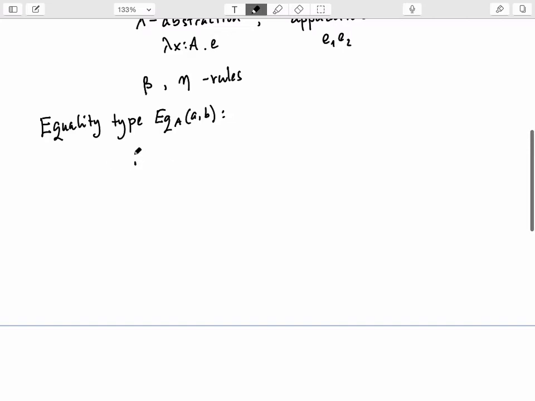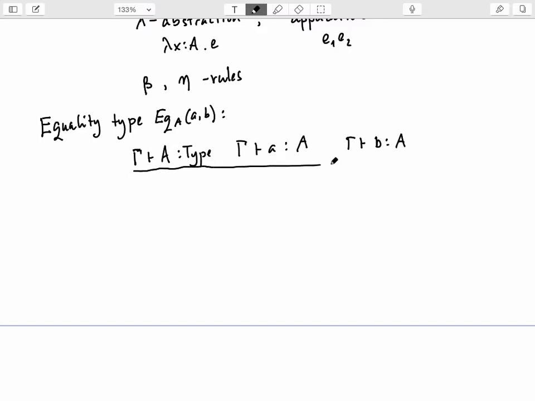If I have in a context gamma, A is a type, and a has type A, and b has type A, then I may form the type Eq A a b, which is a type.